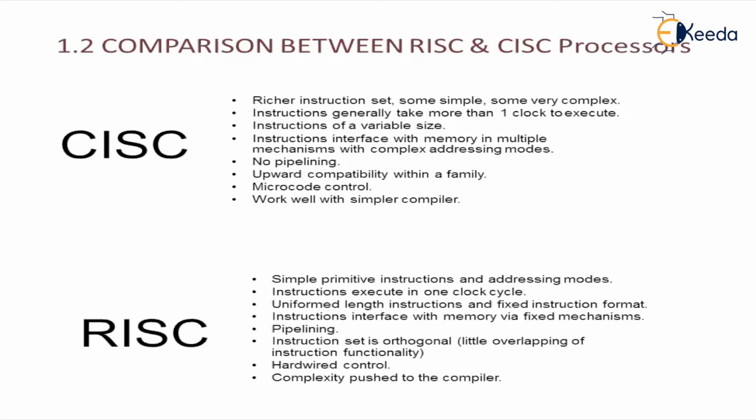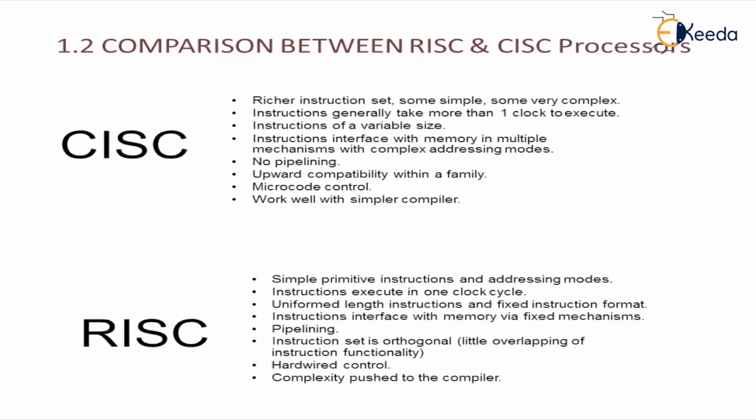Now the time has reduced to one clock cycle. It had uniform length instructions and a fixed instruction format. So the instruction format was predefined. When you had a variable instruction format, it could be 2-bit, 4-bit, 8-bit. Here the instruction format was predefined.